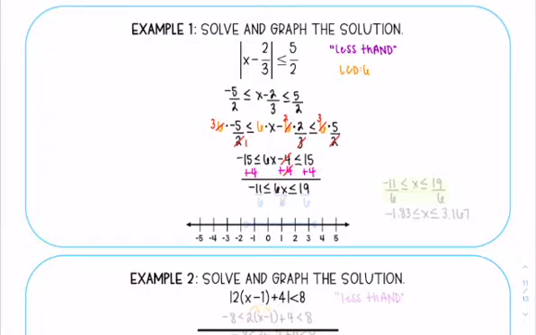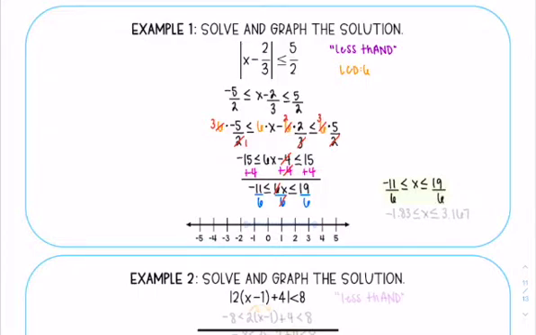The last thing I can do is divide everything by 6. It ends up canceling in the middle, and we are left with negative 11 over 6 is less than or equal to x, which is less than or equal to 19 over 6.